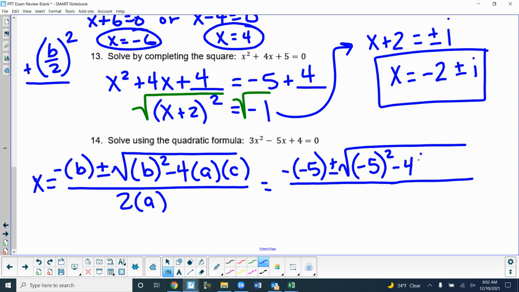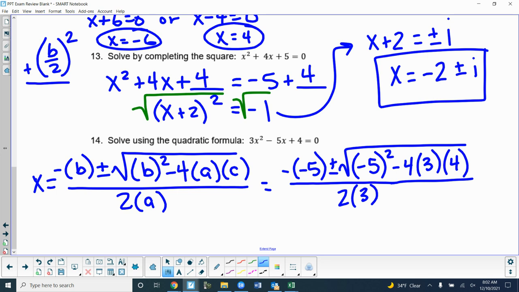Minus 4. A was 3 and C was 4 over 2 times A. All right, so again, you don't have to put x's with these or x squareds with the a and stuff. It's just the coefficients, just the numbers in front. Some people still want to put where the b is, put 5x, and where the a is, put 3x squared. You don't need to do that. It's just the numbers. Okay?